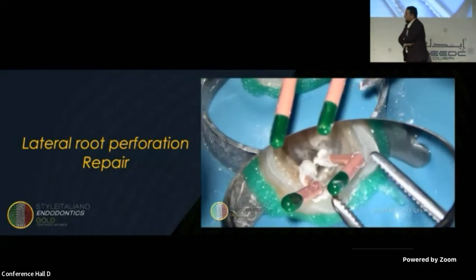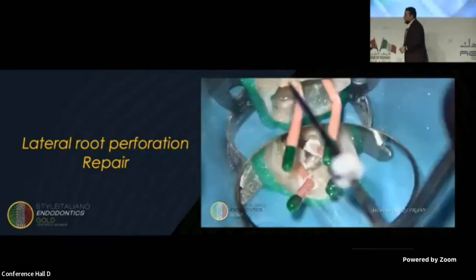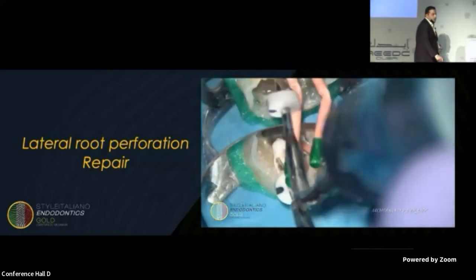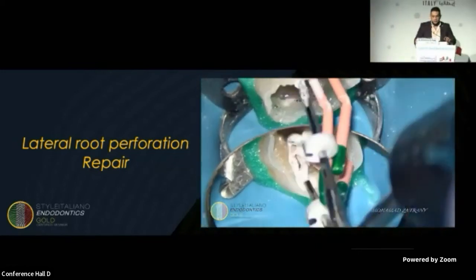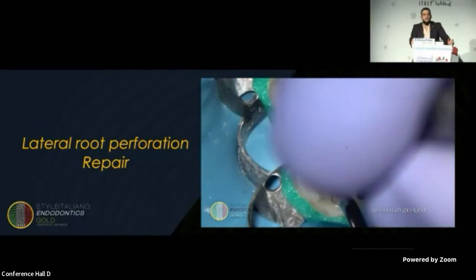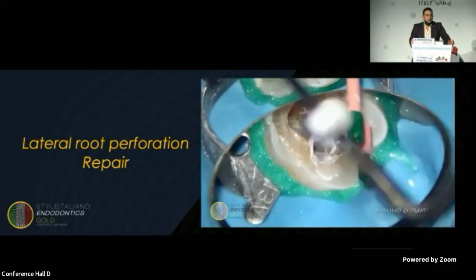Mesiobuccal canal. Then, using a heat carrier, I do down-packing to the master cone. Either you can use a heat-friendly bioceramic sealer or use it in a modified hot technique.